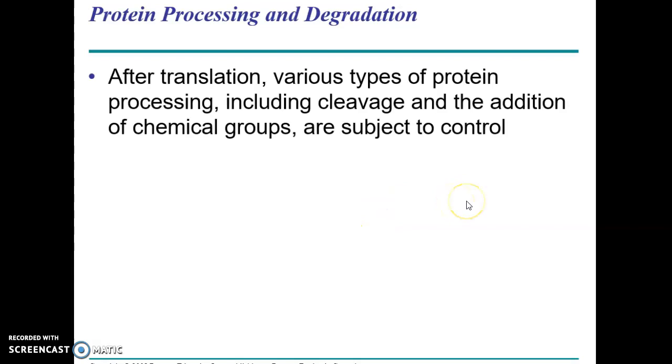The last area of control that the cell has is protein processing. It's kind of the first part, and then degradation. So protein processing. Once a protein is made on the ribosome, it's not necessarily completed, right? You probably remember the function of the Golgi body or the Golgi apparatus is to process and change proteins in certain ways by adding chemical groups to them or folding them properly.